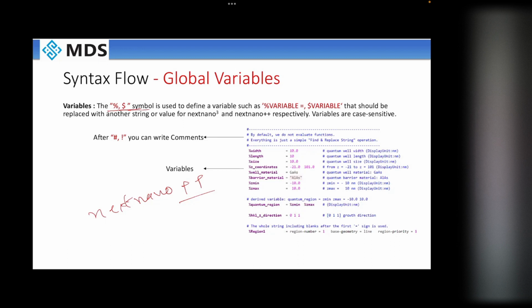And if you need to modify it, you can modify it in the starting phase itself, so that it is automatically modified in the other places, and it will reduce the complexity of your code as well. So in that sense, global variables play an important role in reducing complexity.